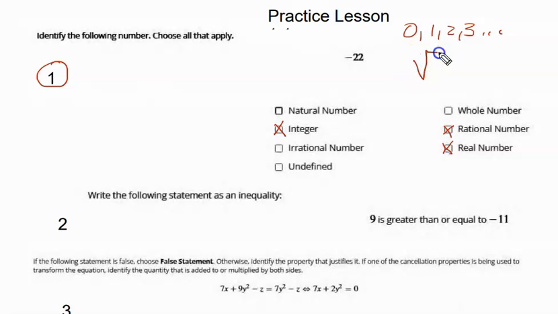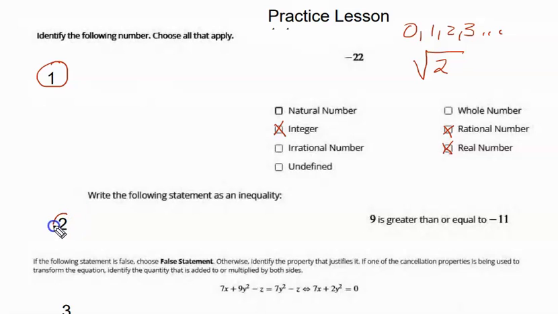Irrational numbers would be the square root of 2. That would be numbers in their decimal form that don't have a repeating pattern or don't terminate. These are things we covered in our flipped classroom lesson.